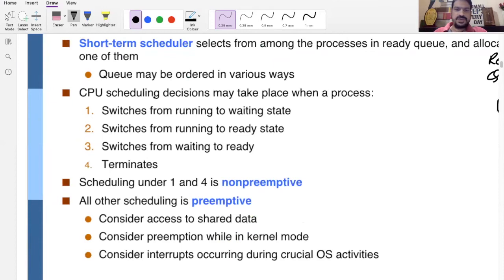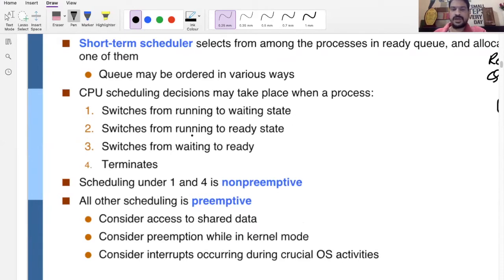Now the CPU scheduling decisions may take place when a process... so what are the different conditions where the CPU scheduling decision will take place? The first is switching from running to waiting state. If we are moving something from running to waiting state, we need to do some sort of scheduling.